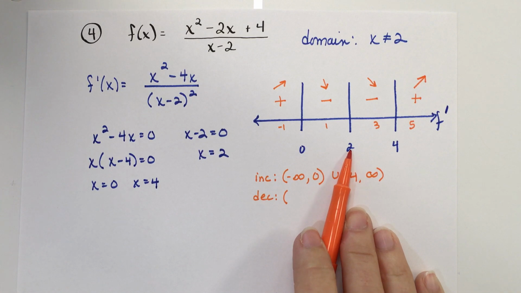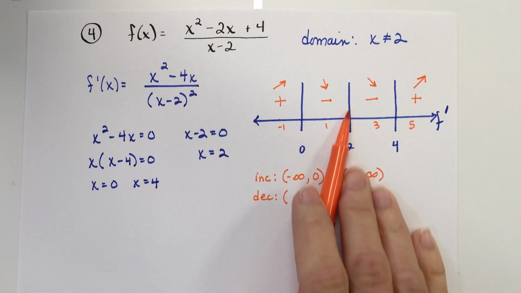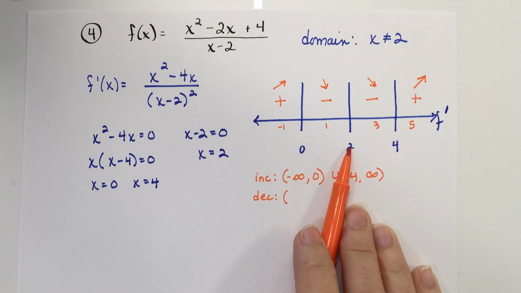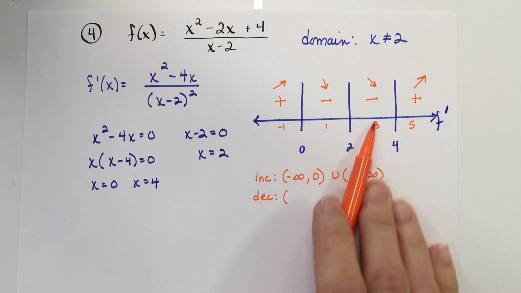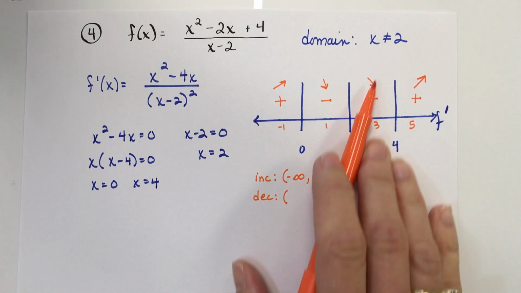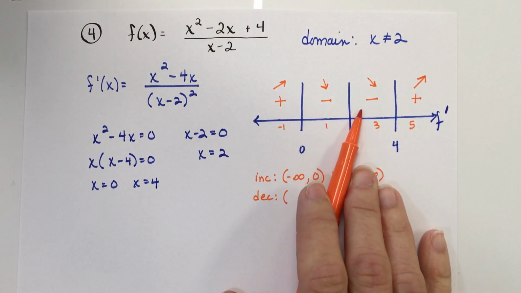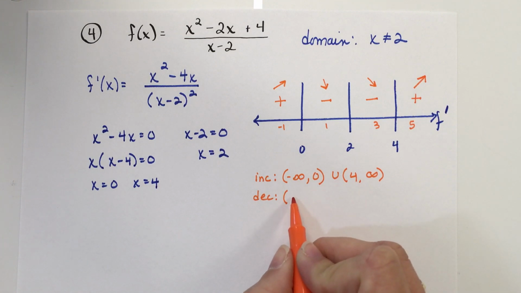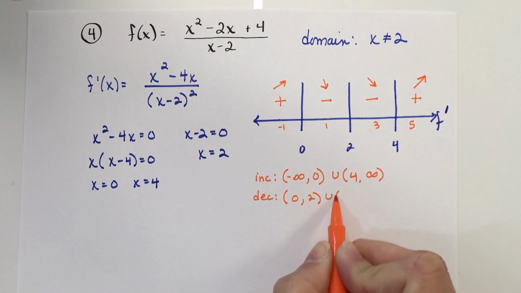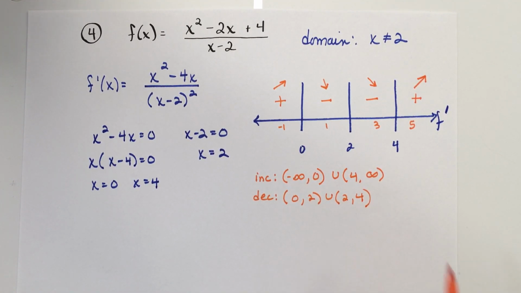That's going to depend on whether this number here, the +2, which separates them, is in the domain. If it's in the domain, then you can group it all together. But see, 2 is the number that we had to leave out of our domain, so we have to write this as 2 separate intervals. So we would have 0 to 2, and then from 2 to 4.